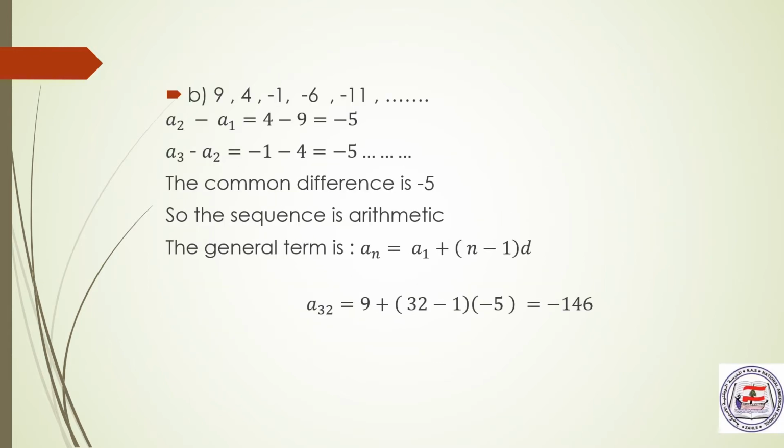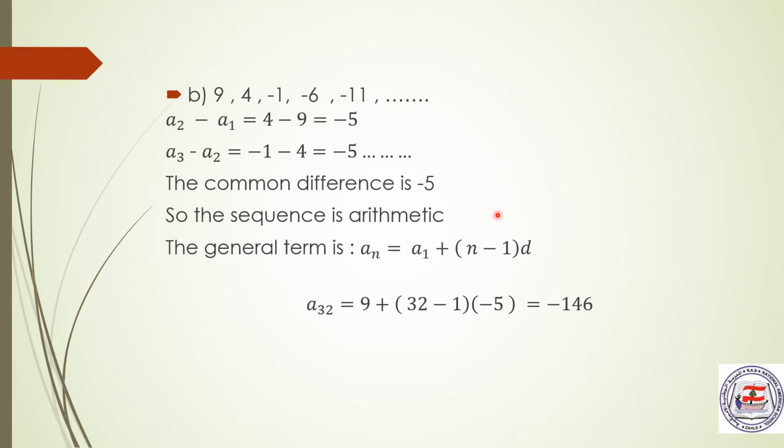The second sequence contains the numbers 9, 4, negative 1, negative 6, negative 11. The common difference between the terms is negative 5, since a_2 minus a_1 gives negative 5, a_3 minus a_2 gives negative 5, and so on.